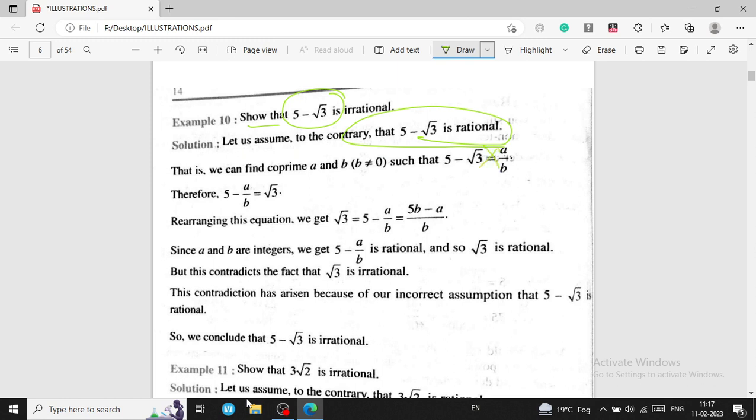Then by cross multiply, we can find that root 3 is equal to 5 minus a over b.